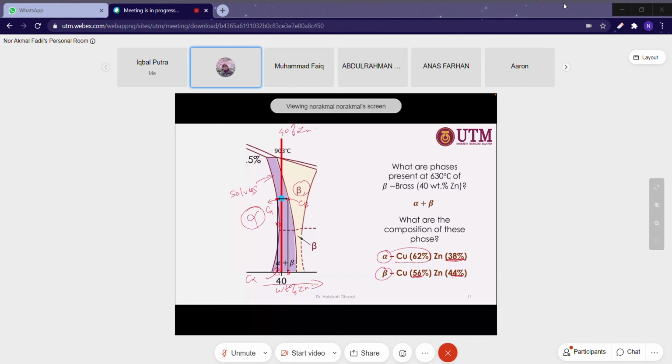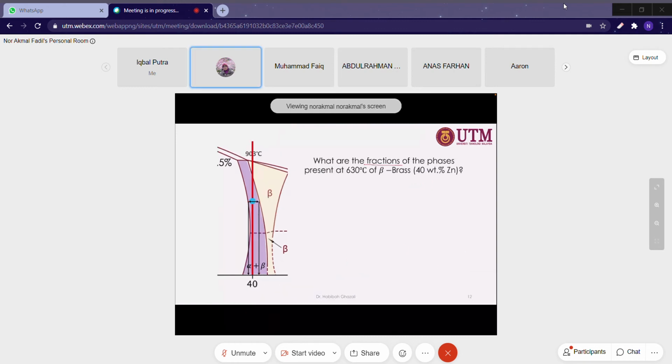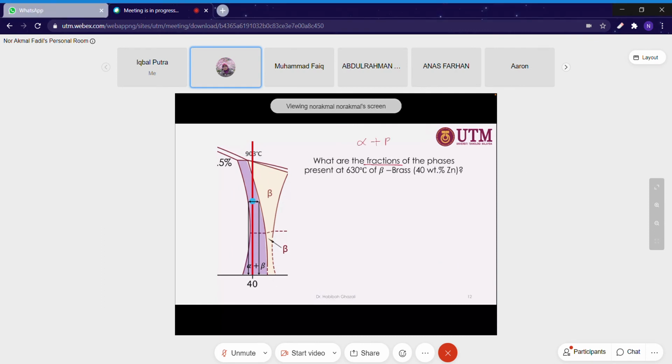And then similarly to the previous example, when we want to measure the fraction of phases, we have alpha plus beta. So how many percent of beta and how many percent of alpha? The fraction. We can use the lever rule, where the A and B lengths.